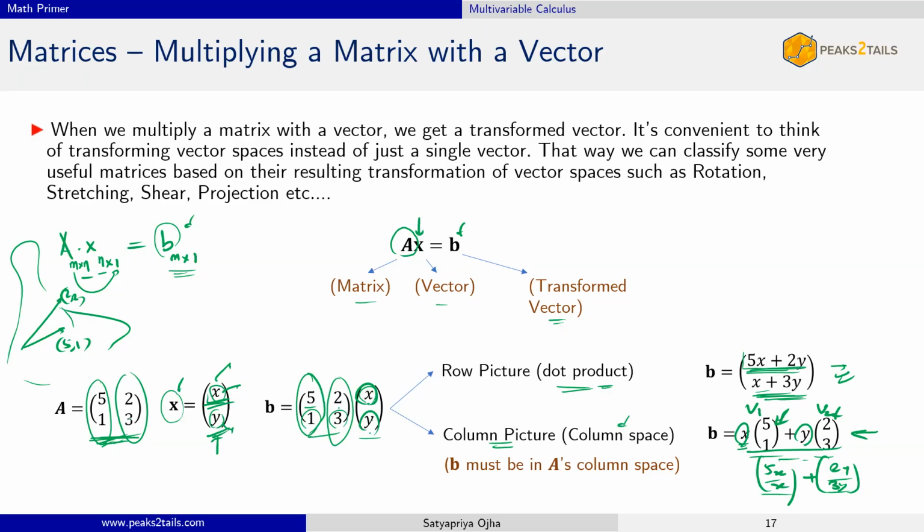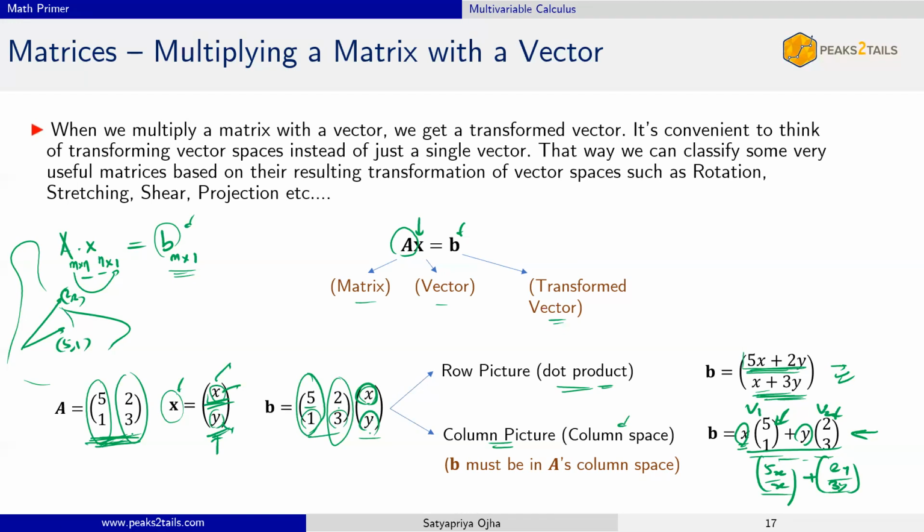So B will be in the column space of A. It will not be outside of the column space of A. This is a powerful result. Make sense? So whenever you multiply this matrix with any vector, the resulting vector will always be in the column space of A. Which means if the column space of A is R square, then the resulting vector can be anywhere in R square. It can be anything in the xy plane.